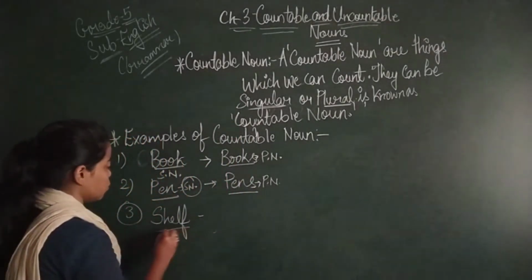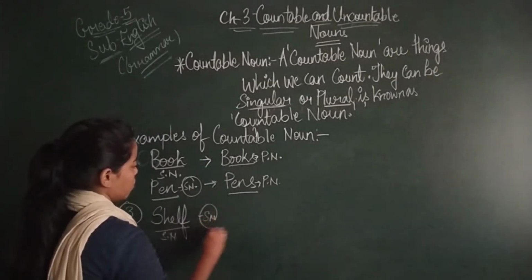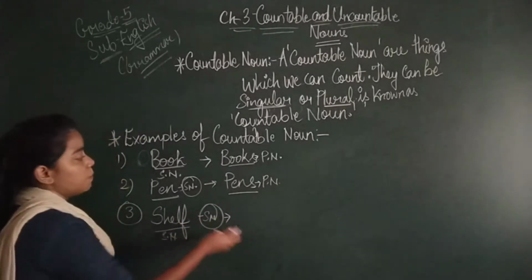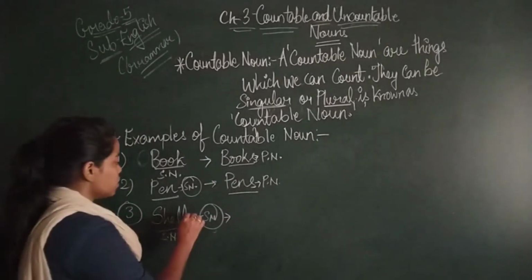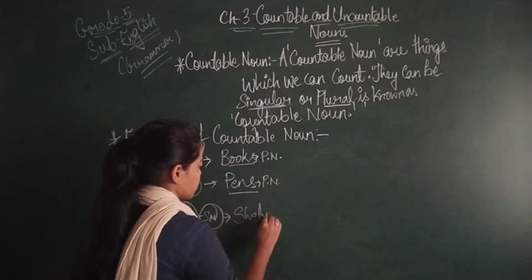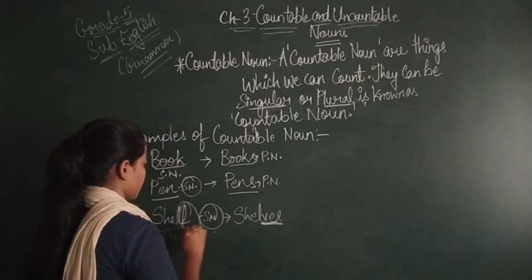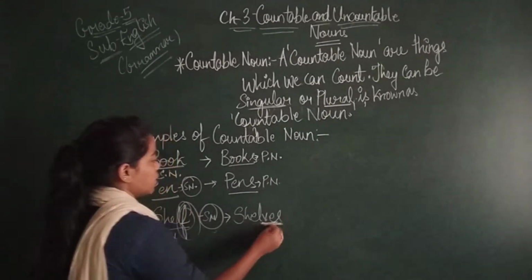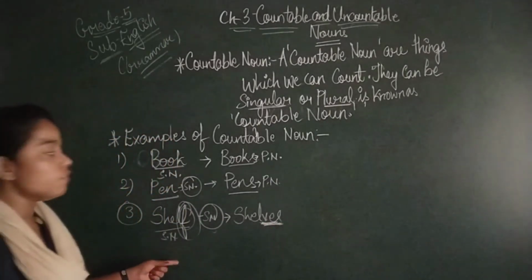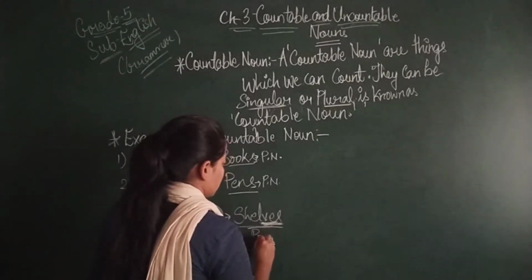This is a singular form. Instead of this F, I will write shelves. We added VES instead of F. So now it becomes a plural noun.